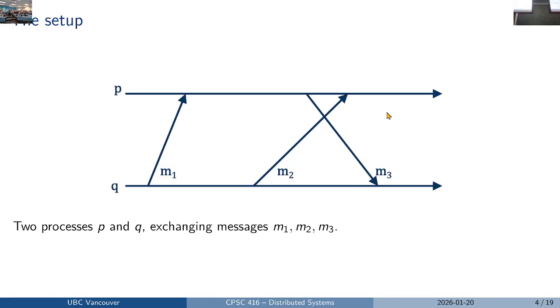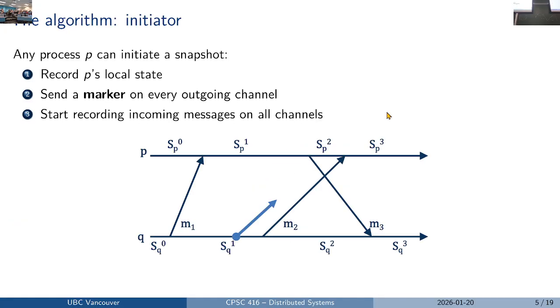So the idea is that if you have processes P and Q that are exchanging messages, what you want to do is figure out where there's a consistent cut. So what you do is a process initiates a snapshot by recording its local state and then sending a marker out that asks everybody else to capture their local state.